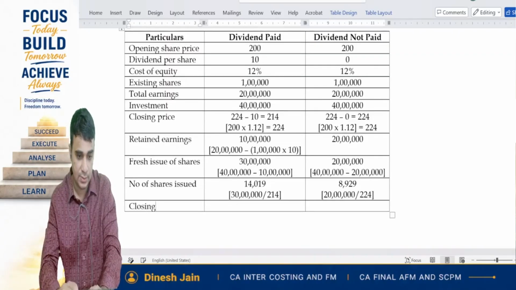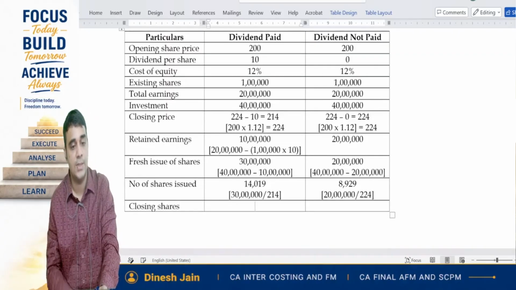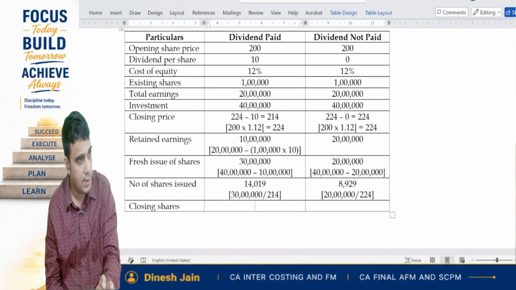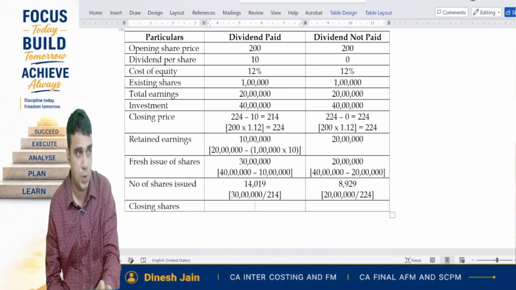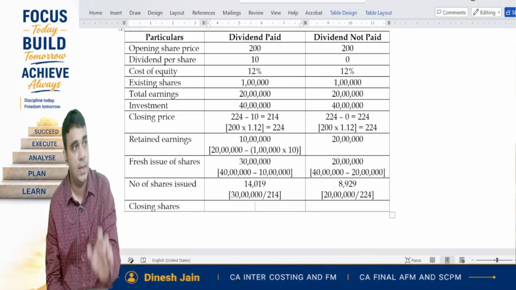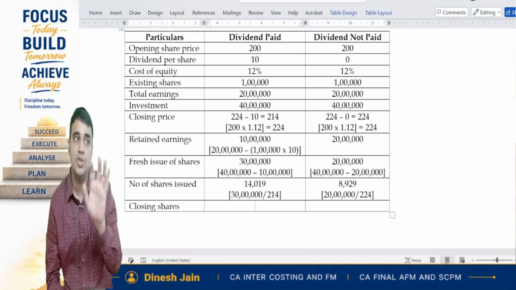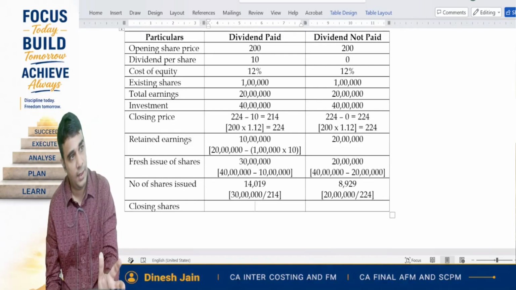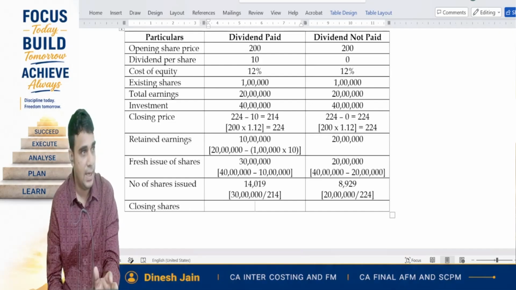Closing shares. What is closing shares? Opening shares plus the extra shares we are issuing for investment purposes. Pay dividend, issue more shares. Don't pay dividend, issue fewer shares.